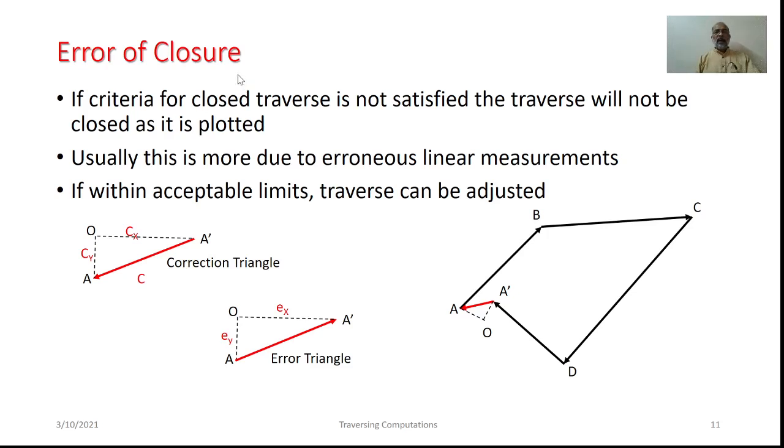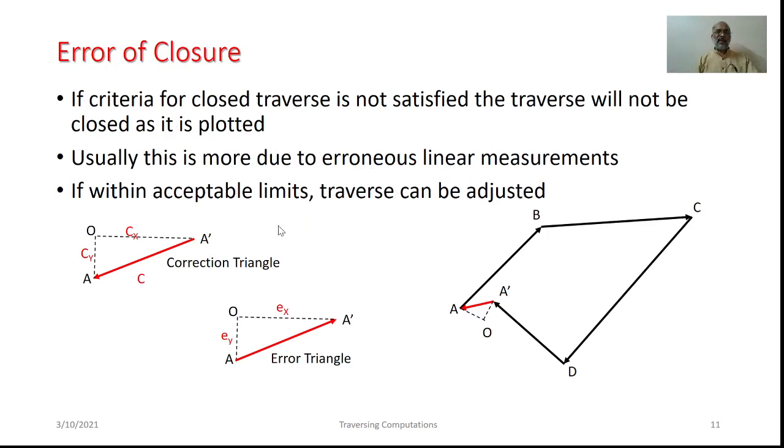Usually, the angles for a theodolite traverse are measured with better accuracy, as well as they are corrected ones. Hence, this error of closure is mostly due to the erroneous linear measurements.